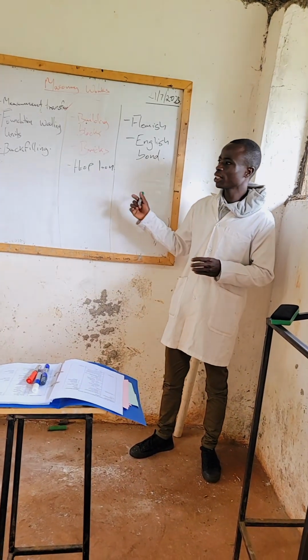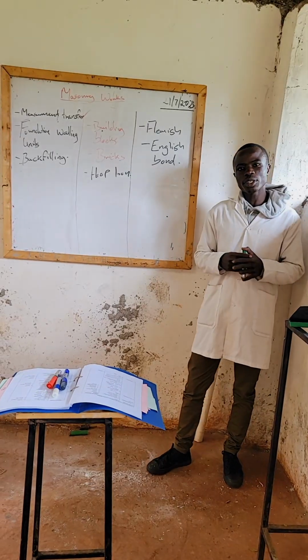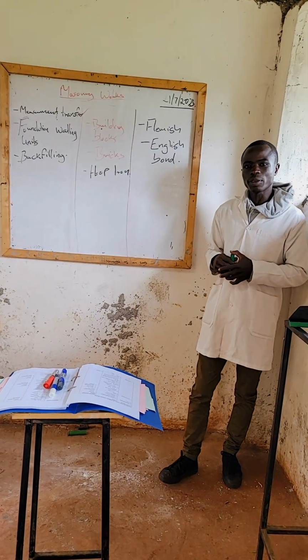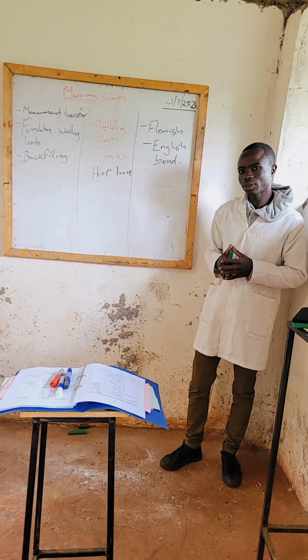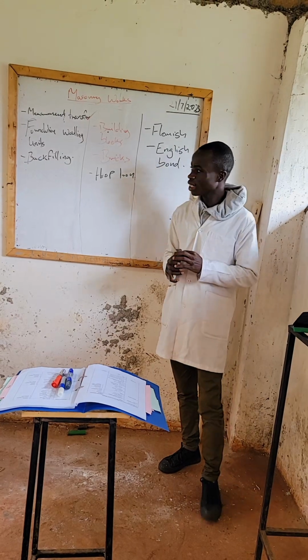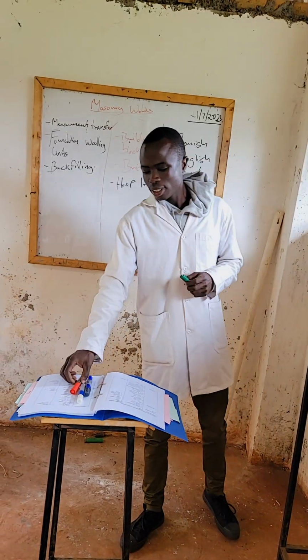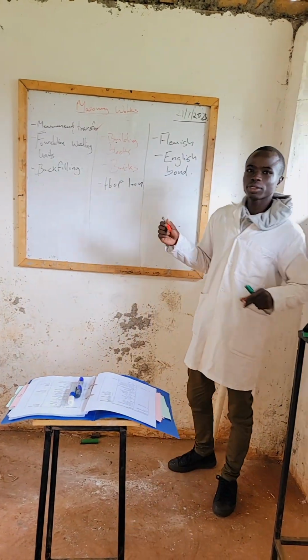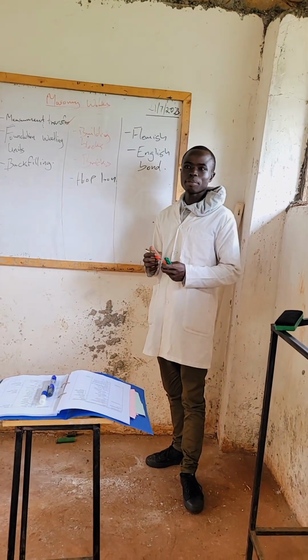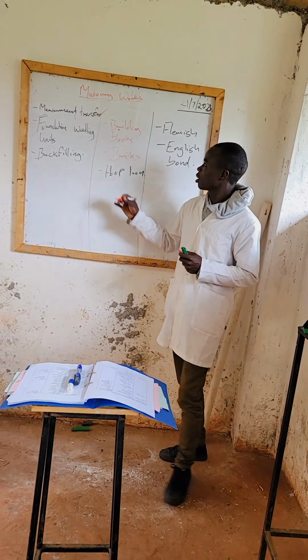This will help you distribute the weight of the building all along the foundation, so that one part of the foundation will not be subjected to so much pressure that that part may end up settling.